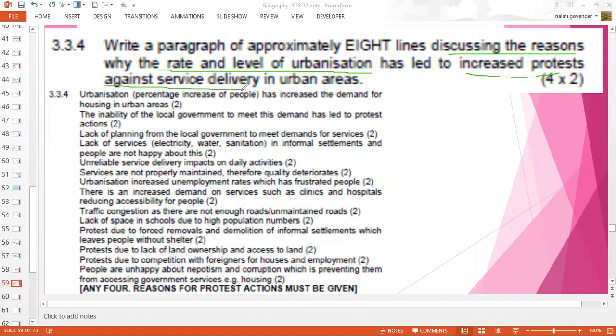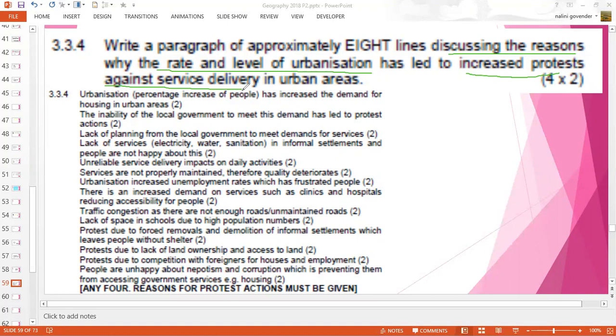Now, we spoke earlier, we said as more people are leaving rural areas and moving into the urban areas, it is certainly going to have a negative impact on the urban areas in terms of space, in terms of housing, in terms of employment, in terms of service delivery, be it hospitals, clinics, schools, transport, and the like.